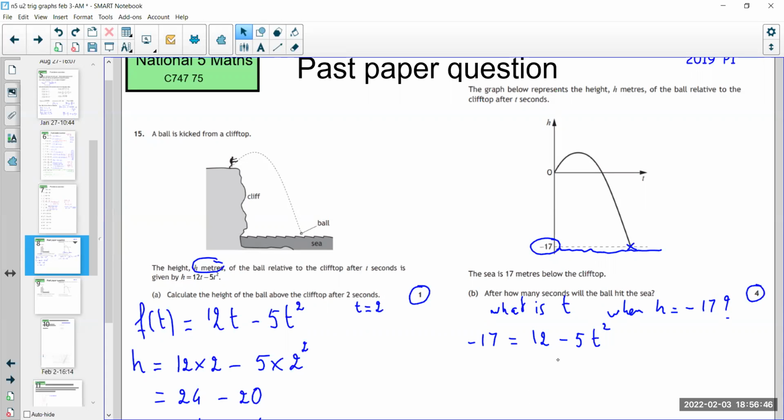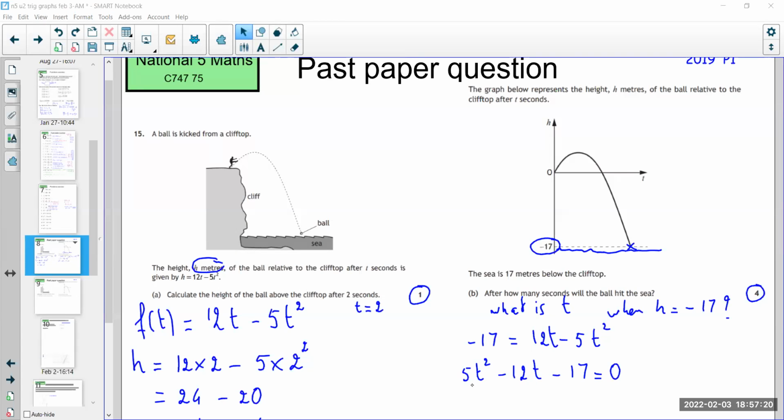I like my number when there are net positives. So I'm going to move the -5t squared to this side. That becomes 5t squared minus 12t minus 17 equals 0. So that's what we've been asked to solve.